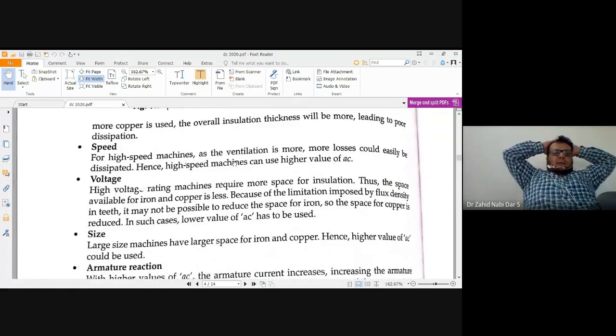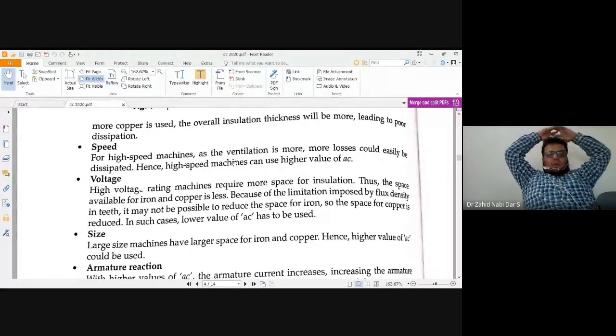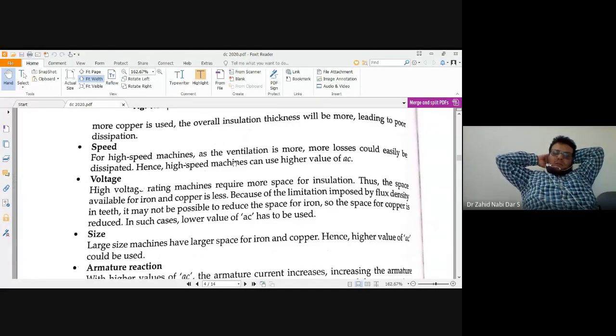Now, for example, high speed machines require more ventilation, so losses can easily be dissipated. High speed machines usually have a higher value of ampere turns. High voltage rating machines require more insulation, because the more the voltage, the more insulation protection is required. Thus the available space for the copper gets decreased, and owing to the limitation imposed by the flux density in the teeth, it is not possible to reduce the space for iron.